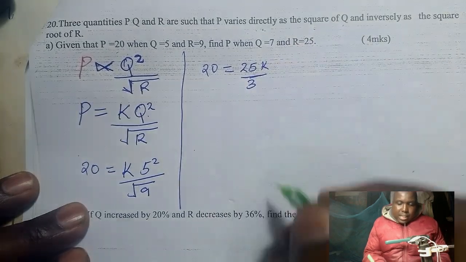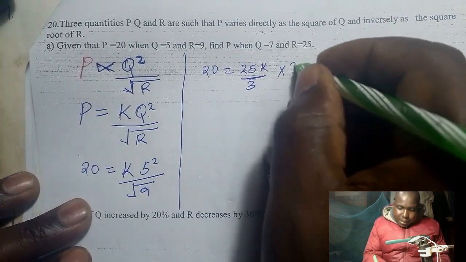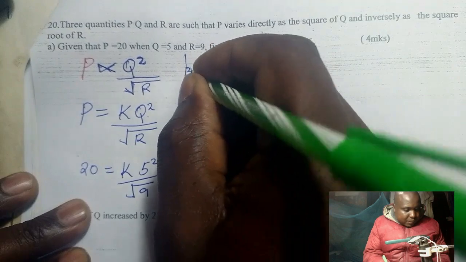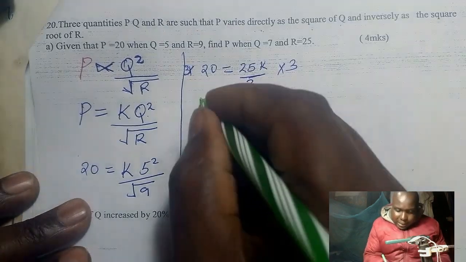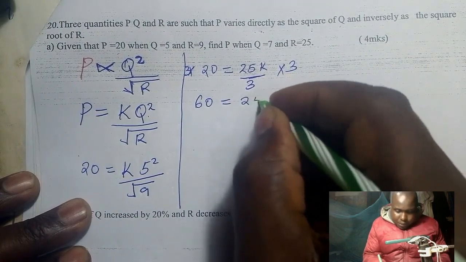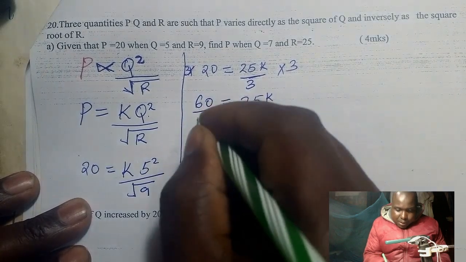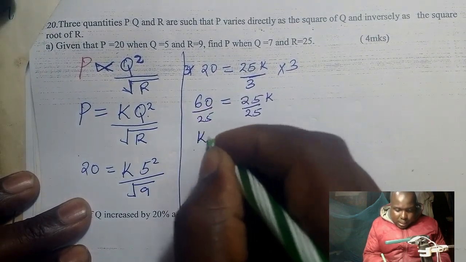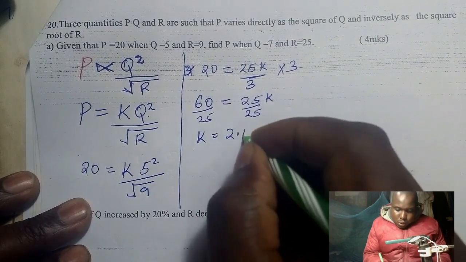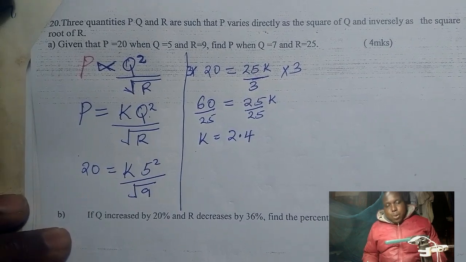The square root of 9 is 3. Now we multiply both sides by 3. So 60 is equal to 25K. Divide by 25 on both sides. So K is equal to 2.4. So our K is 2.4.